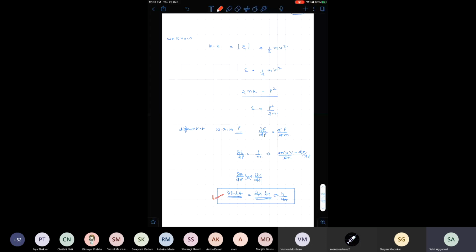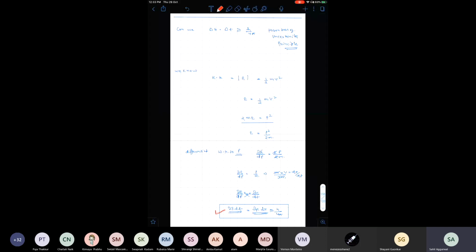All of you understood this derivation? This question came in 2017, I think, or 16. So it is an important relation you should know. Understood?